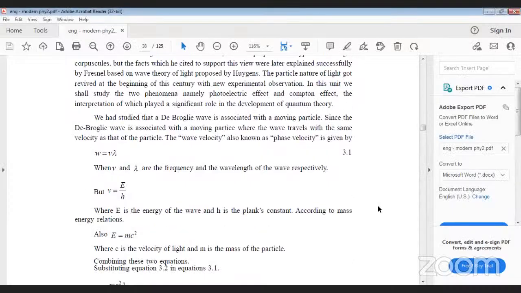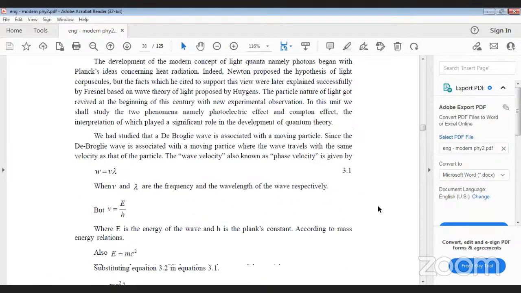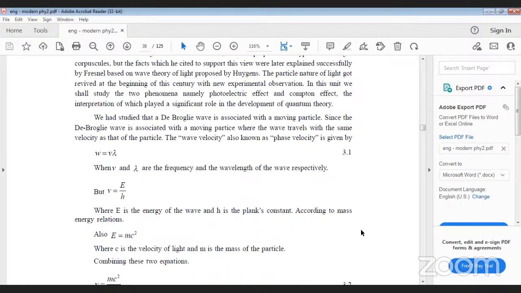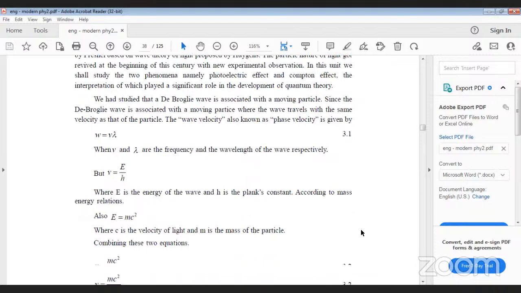One more thing is there. See here, whatever we have discussed, in this you can have the de Broglie wave.